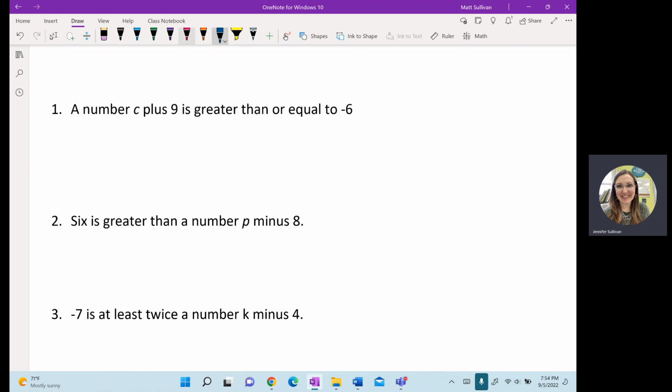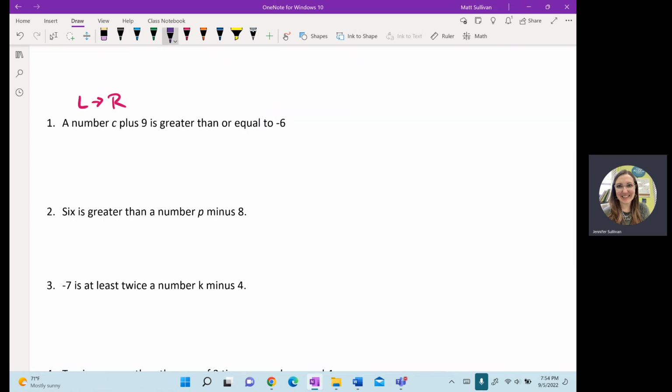As we read a sentence, we read from left to right. You guys know that. But we're also going to match our expression or our inequality left to right as well. So as I read it, that's when I would write it. Okay, so here's how this would look.